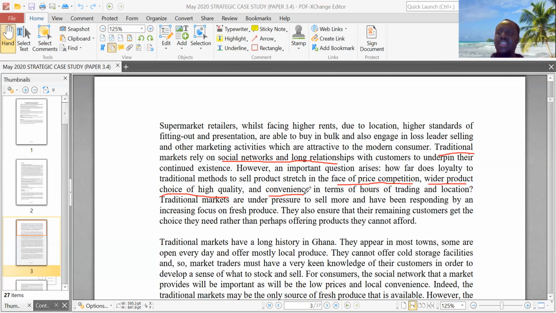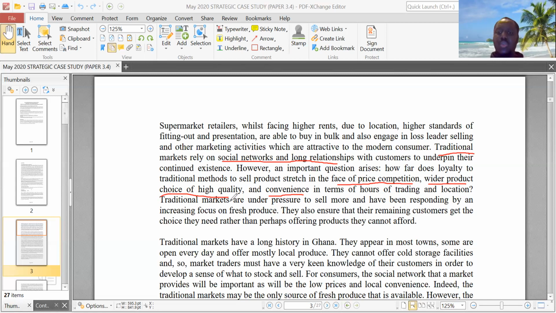There's an increasing desire to give customers options. So the traditional markets are under pressure to sell more and have been responding by an increasing focus on fresh produce. So the traditional markets who have seen that there's a lot of competition going on are also trying to venture into the fresh produce space.